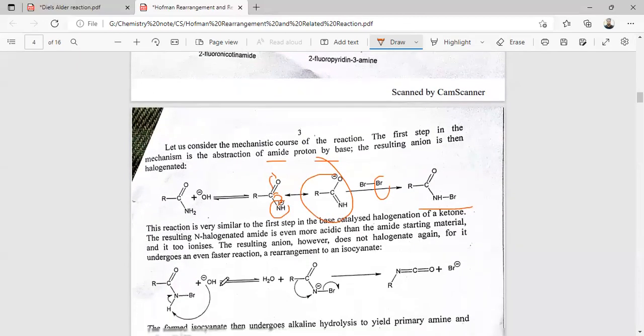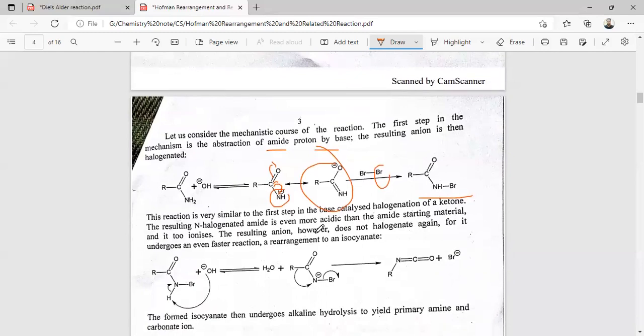This reaction is very similar to the first step in the base catalyzed halogenation of a ketone. The resulting N-halogenated amide is even more acidic than the amide starting material. It ionizes, and the resulting anion, however, does not halogenate again. Instead, it undergoes an even faster reaction, rearrangement to isocyanate.